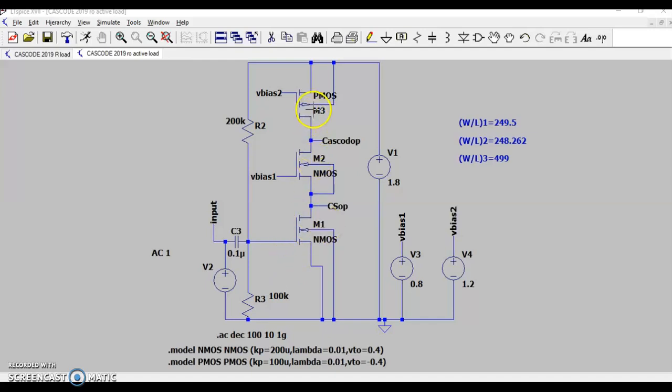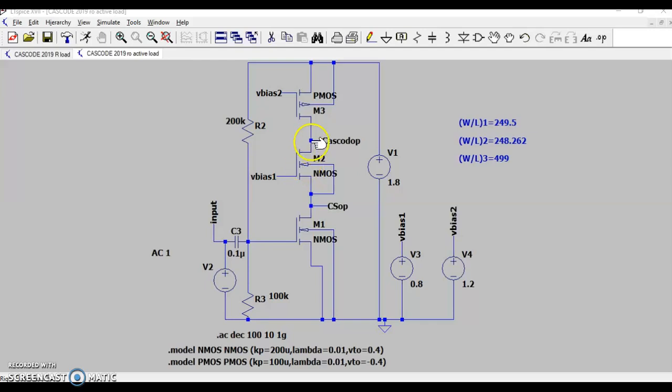We have replaced our resistive load by a PMOS load, which is connected to V bias 2. V bias 2 has a bias voltage of 1.2, which will give a VGS of minus 0.6, and this is 1.8 volt, and this is 0.8 for V bias 1.